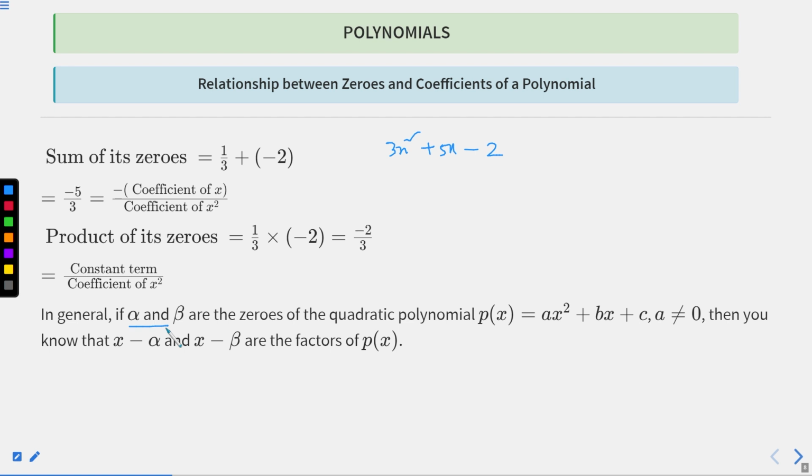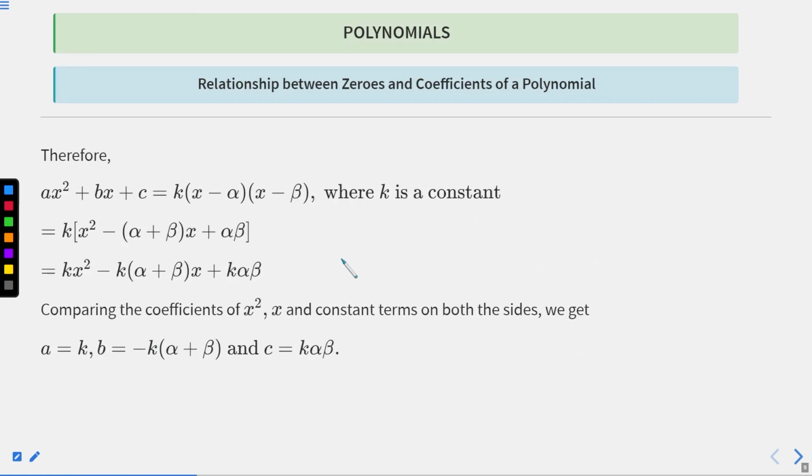Here the zeros of this quadratic polynomial are alpha and beta. So ax square plus bx plus c is equal to k times x minus alpha times x minus beta, where k is a constant, which is equal to k times x square minus alpha plus beta times x plus alpha times beta, which is equal to kx square minus k times alpha plus beta times x plus k times alpha times beta.